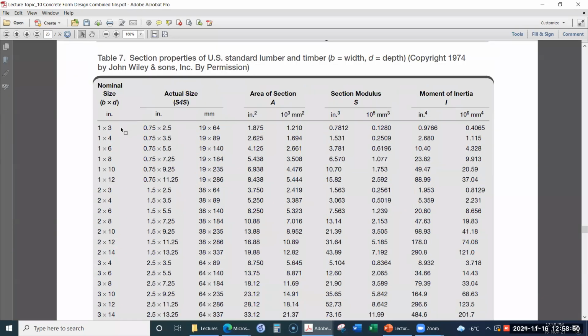If you see these tables, for a nominal size of say 1 inch, the actual size in millimeter is 19 millimeter. So in the formula we will not use the nominal size, we will use the actual size. One inch is nominally 25 millimeter, but the actual size is 19 millimeters. So that will be used over here.